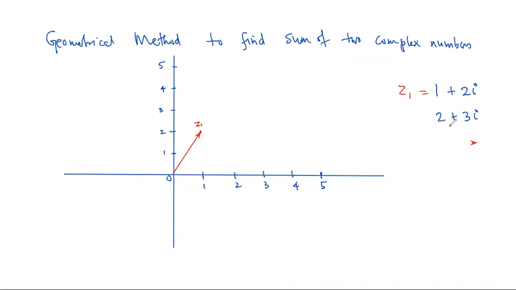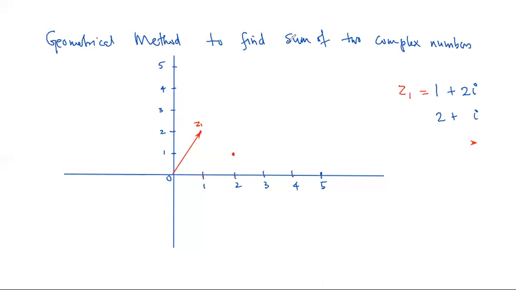Then mark 2 plus 3i. No, I'll take 2 plus i instead, then only I can draw properly. I'm changing this number. Otherwise, my diagram will have a little difficulty in drawing. X coordinate is 2, Y coordinate is 1.